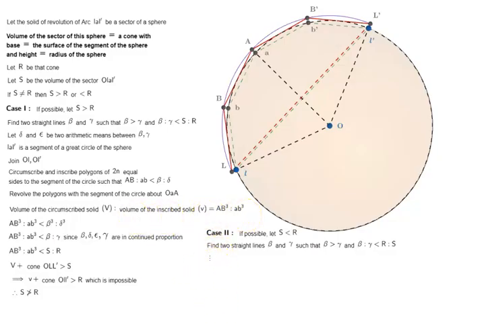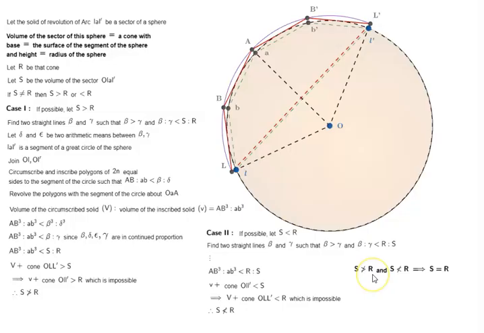Again, all these steps are common, which means AB cube is to AB prime cube is less than R is to S. We know that b plus cone OLL prime is less than S. Inscribed solid plus the cone is less than the volume of the sector, which implies that the volume of the circumscribed solid plus cone OLL prime is less than R as well, which is again impossible because the volume of a circumscribed solid cannot be less than the figure on which it is circumscribed. So therefore, S is not less than R.